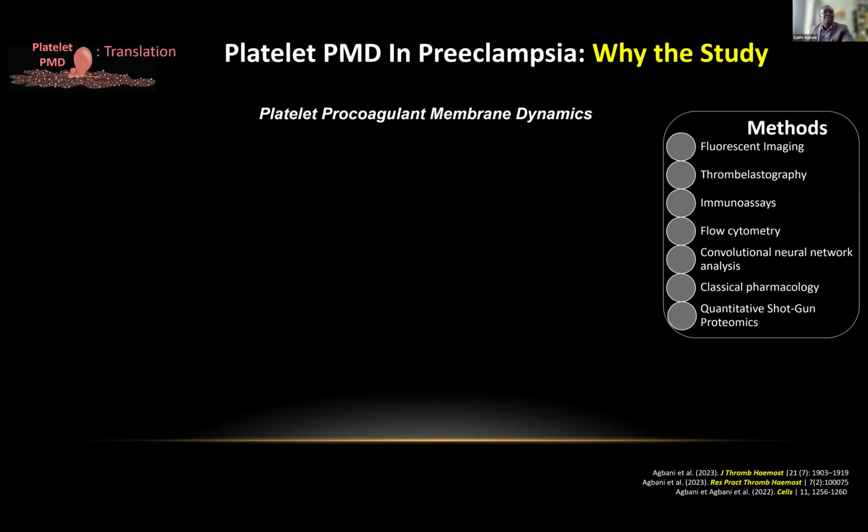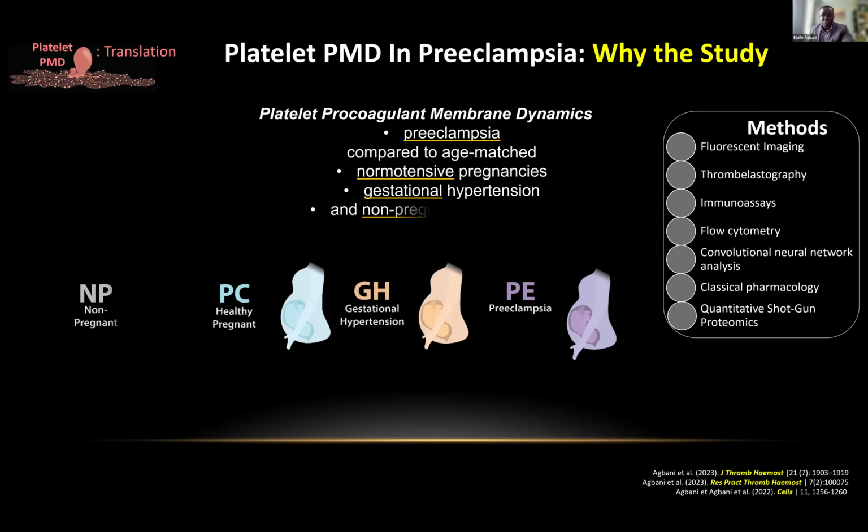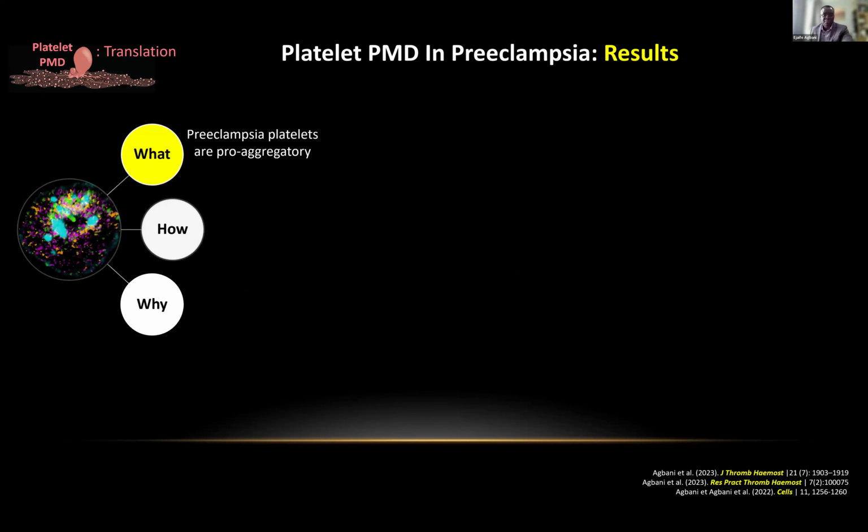So to address this, we looked at platelet procoagulant membrane dynamics using our imaging approach. We examined the peripheral blood from preeclamptic women and compared that with healthy pregnant women, gestational hypertension, and we also followed the non-pregnant female controls.